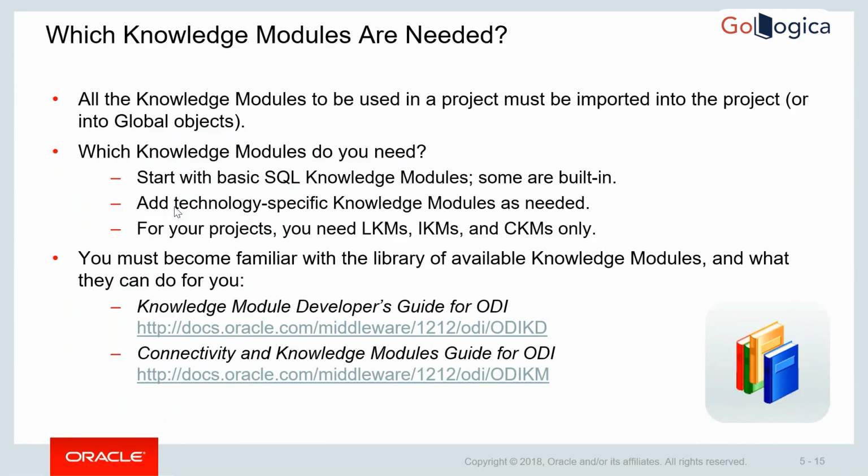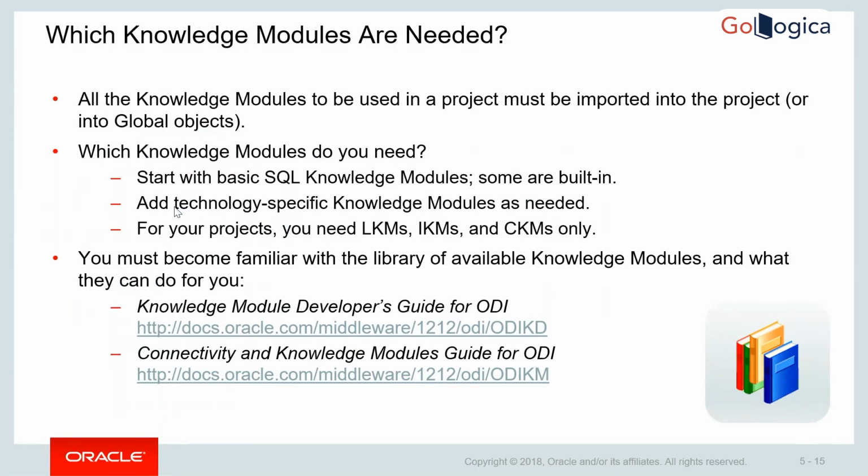Generally, we have technology-specific knowledge modules and we have generic ones. Generally we use the generic one for testing purposes, to see whether my work is done or not, but the generic one does not have the performance.